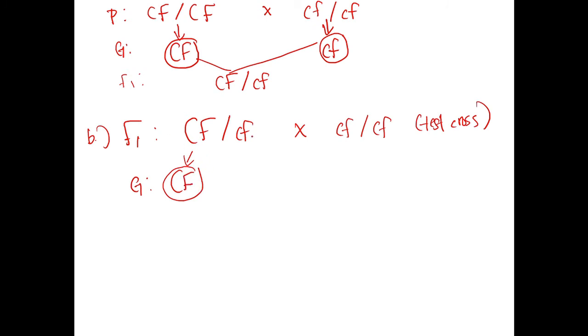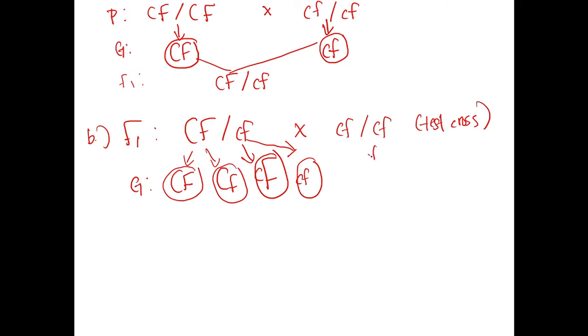Lepas tu ni combine dengan yang itu, F kecil. Ataupun C kecil combine dengan F besar. Dan C kecil combine dengan F kecil. Okay, so 4 possible combination for the gamete. Meanwhile, for the homozygous recessive parent, so sebab semua allele sama, so the gamete only have one type. Okay.